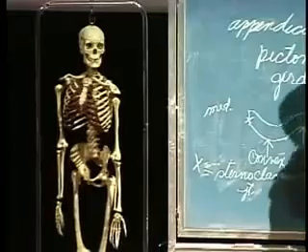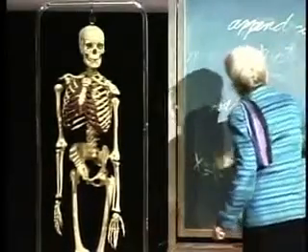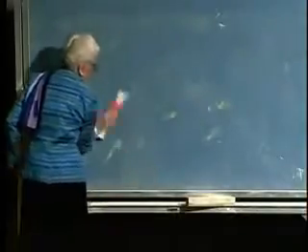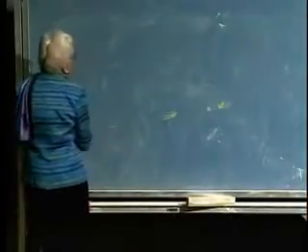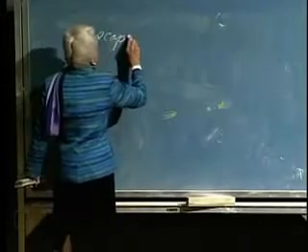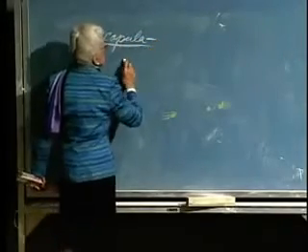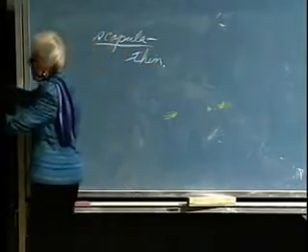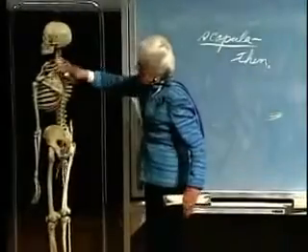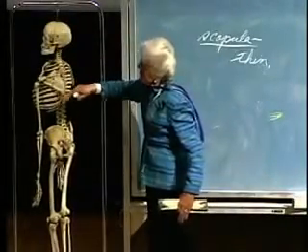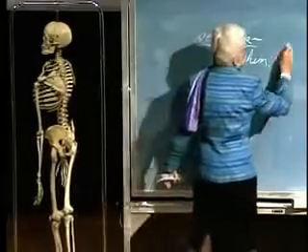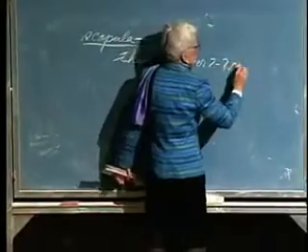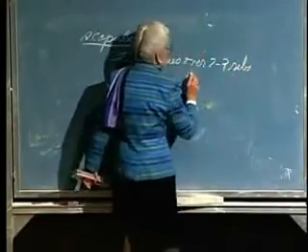All right, let's move into the scapula. Scapula will be posterior, it's thin. It lies over the 2nd to 7th ribs posteriorly.